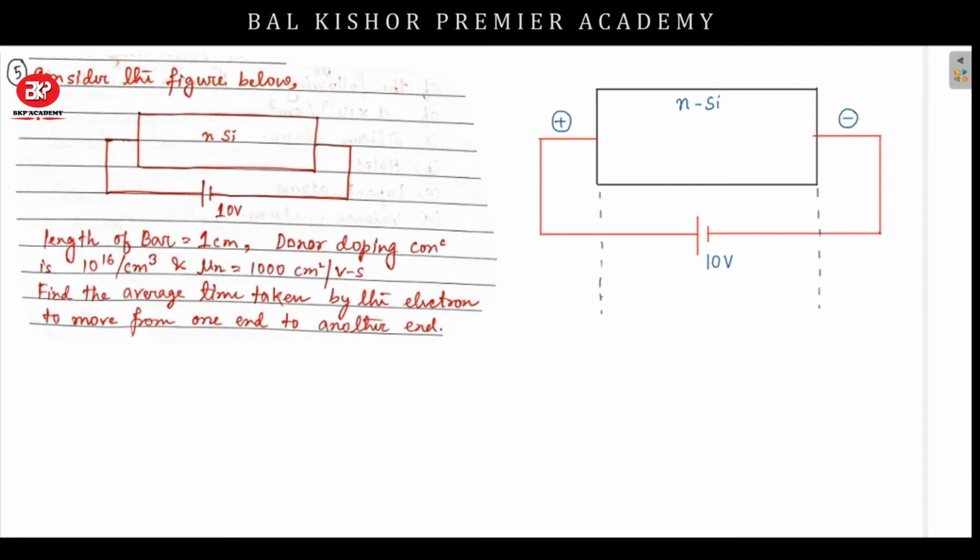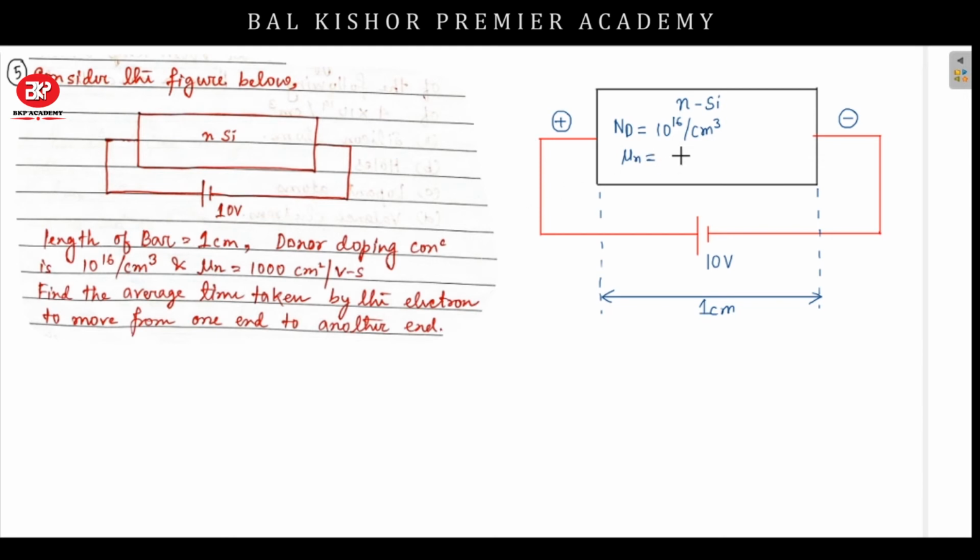So I can write it as this is the length, and this length is 1 centimeter. And the doping concentration in this n-type silicon is given by Nd. So Nd is 10 to the power 16 per centimeter cube. And the mu n value is also given.